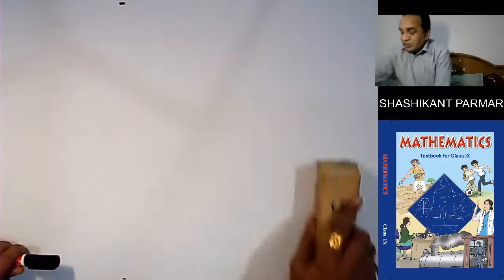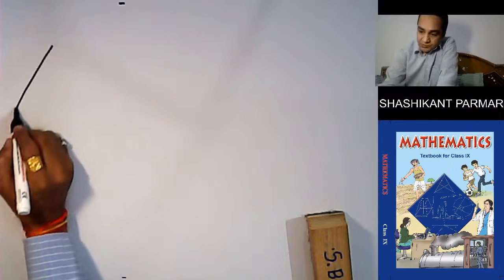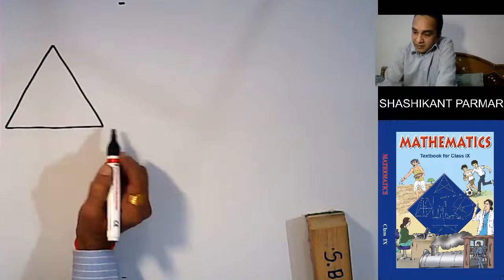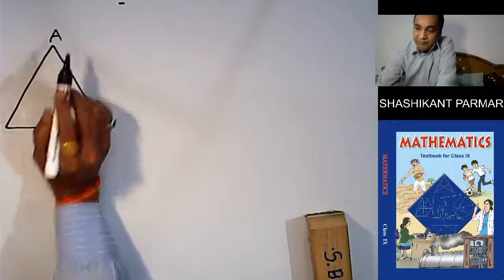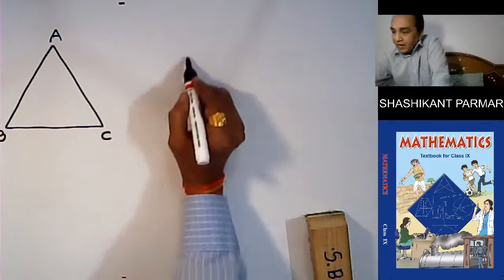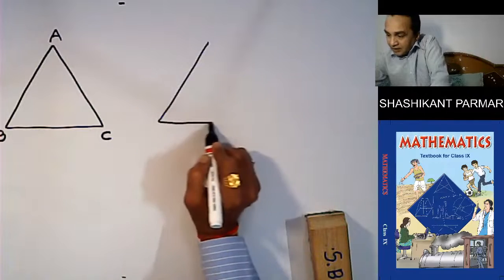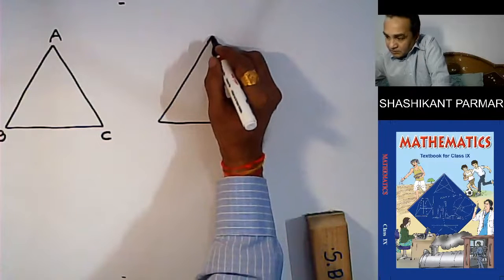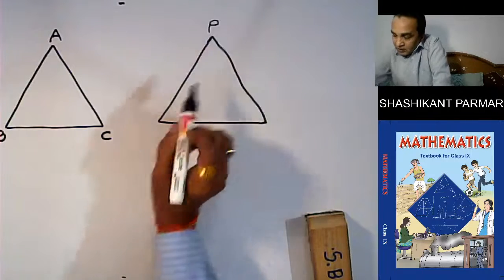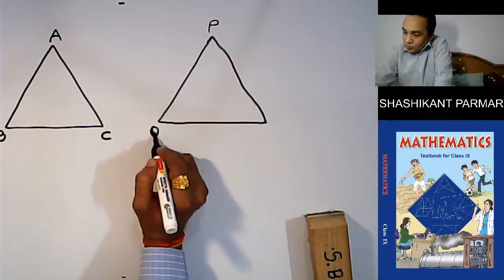What this theorem says is, take one triangle, say ABC, and another triangle, say PQR.